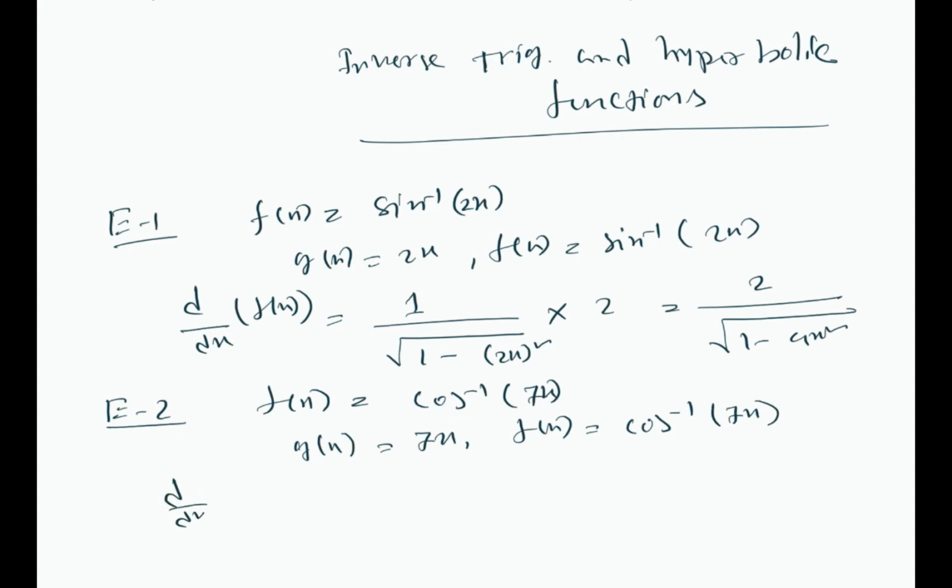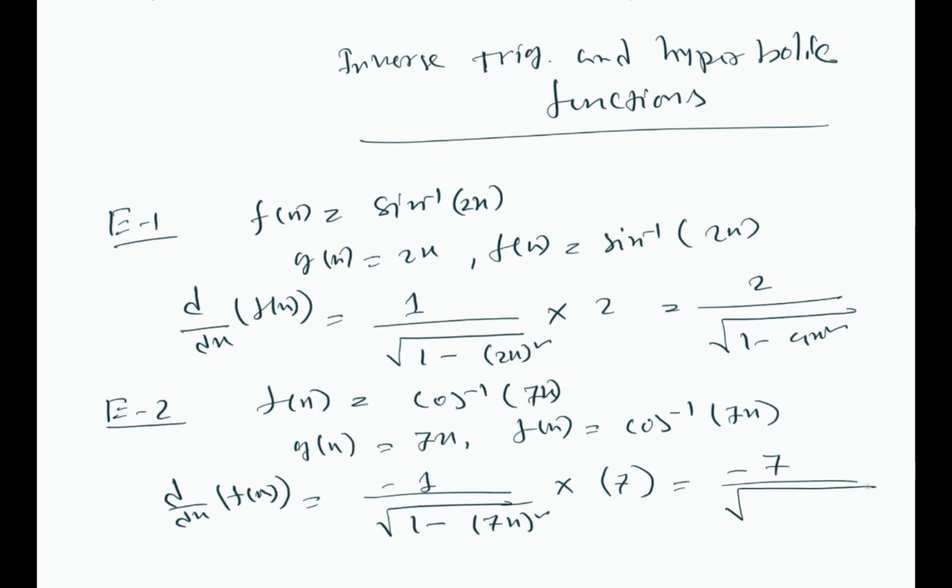The derivative of this function with respect to x is equal to: first, the derivative of inverse cos of x is minus 1 over square root of 1 minus x squared. So here 7x squared, right? Then the derivative of the inner function 7x is 7. So the answer would be minus 7 over square root of 1 minus 7 squared, which is 49, then x squared. This is the answer for question 2.